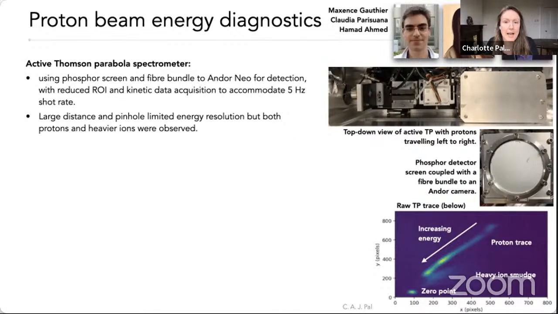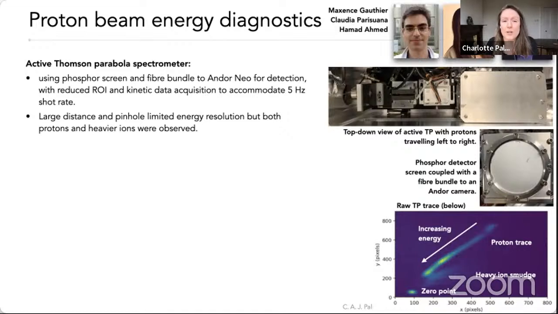The first, the active Thomson parabola, is being developed at RAL. It uses a phosphor screen as a detector that's coupled to an Andor camera. It actually uses an enormous fiber bundle to transmit the imaging, which wasn't really necessary for TA2, more for higher energy systems.